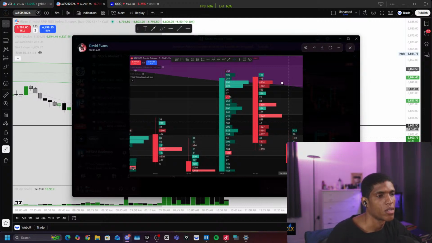Okay. Because it's just the volume. It's just volume based. This is something similar to Bookmap's type stuff. Bookmap gives you that as it happens. This is just after the fact, really.